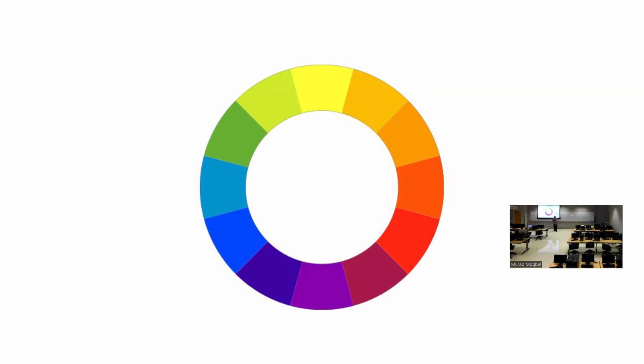The primary colors are the yellow, the red, and the blue. And then we have the secondary colors, which include the green, the orange, and the purple.